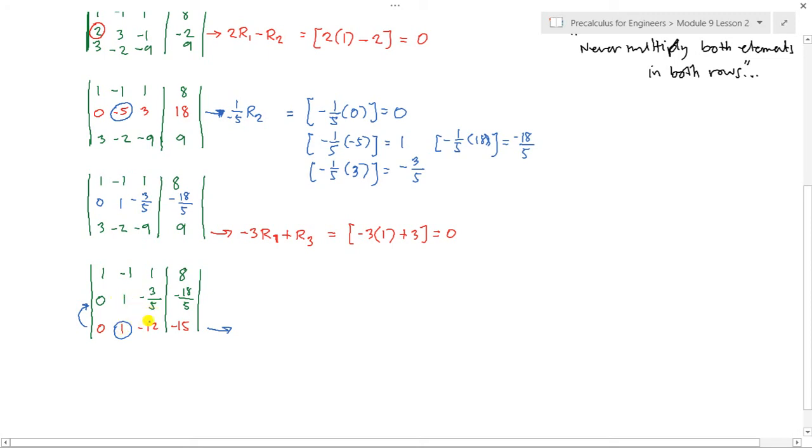It's very obvious. Look at row 2 and the elements in row 3. Try to manipulate them to make row 3 zero.